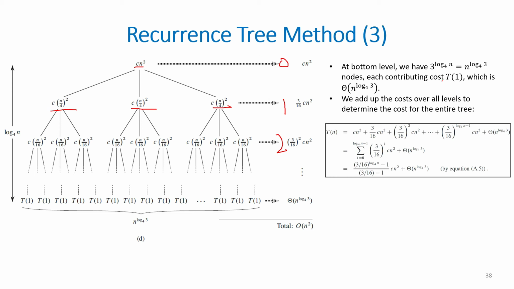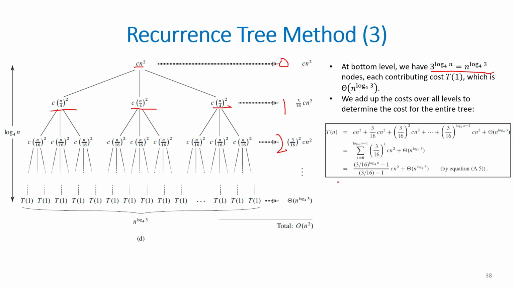Therefore, in the last level, which is log base 4 of n, I would have 3 to the power log base 4 of n nodes, which is equivalent to n to the power log base 4 of 3, as per the properties of logarithm. Therefore, in the last level, I have n to the power log base 4 of 3 nodes.